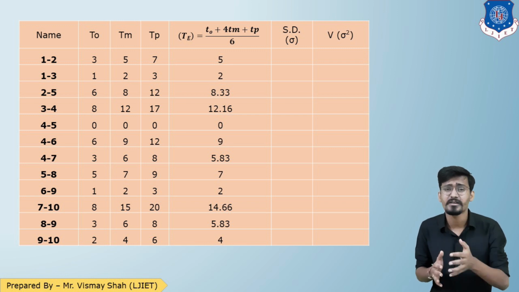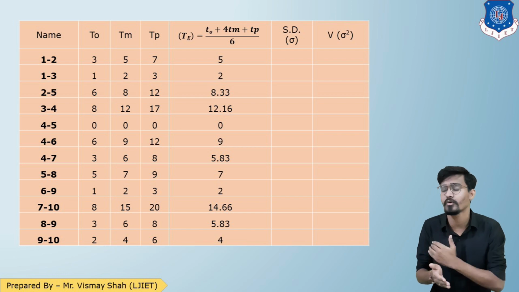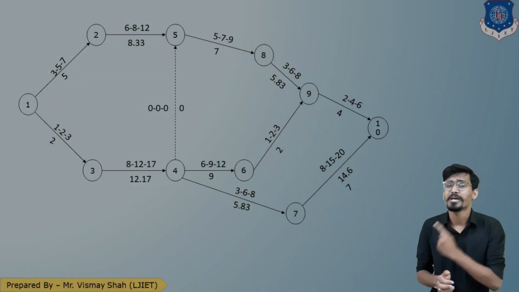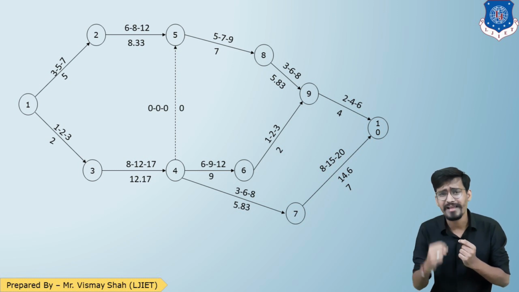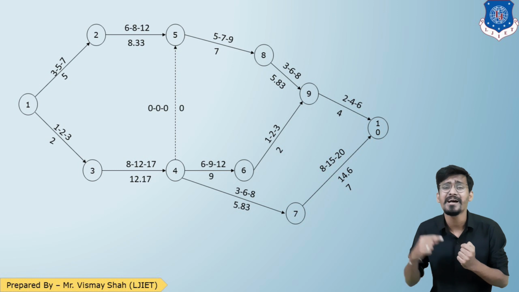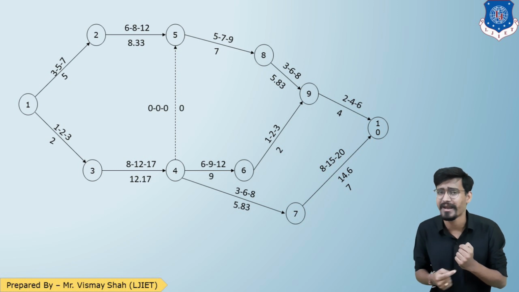Now let us put this TE value into the network. I have represented the expected time TE below the arrow.